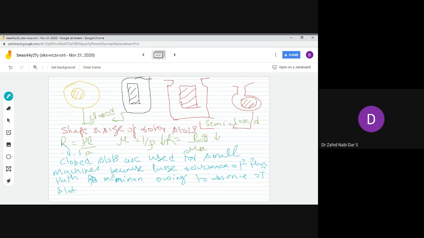So there is no slot opening, so it is minimum.